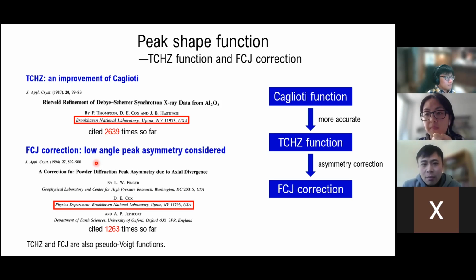Brian Toby wrote the interface, GSAS GUI. I think he has several slides explaining why the asymmetry arises. If you want to sharpen your skills in X-ray diffraction further, Brian Toby is a name that you always want to pay attention to.